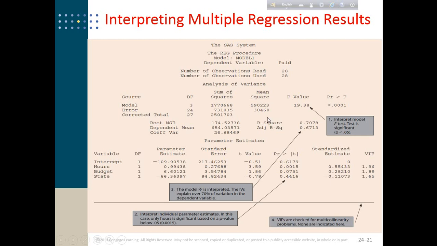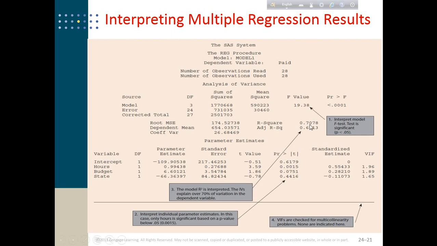Now this is another result of multiple regression. So when we have a multiple regression, the first statistic that we should look at is R squared. For example, here you can see R squared is 0.7. As I already said, R squared indicates the portion of variation in the dependent variable explained by the independent variables.